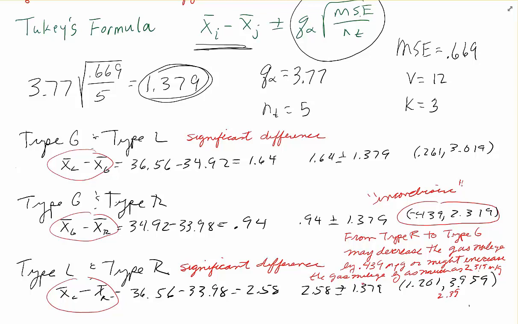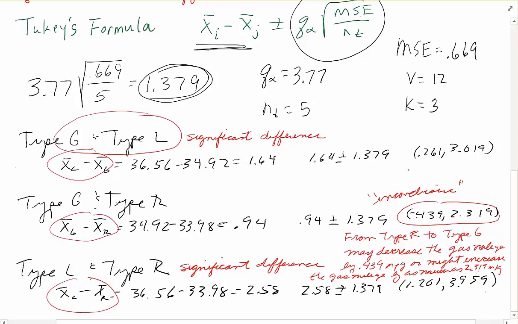So it's inconclusive. If I go from type G to type L, I'm going to increase my gas mileage anywhere from 0.261 miles per gallon to 3.019 miles per gallon. If I go from type R to type L, I'm going to increase my gas mileage anywhere from 1.2 miles per gallon up to 3.959 miles per gallon.